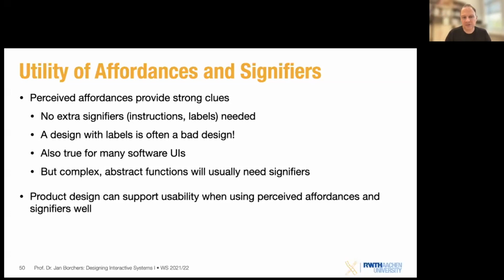So a lot of complex and abstract functions, like reformat this paragraph in a Hebrew font or something, will be hard to represent in a simple graphic that is immediately apparent. So in many software UIs, you can replace a lot of things with perceived affordances, but for some things you will still need signifiers and buttons that are labeled. So we're just trying to make it as easy as possible for the user to pick up a lot of things automatically without having to read labels or other instructions.